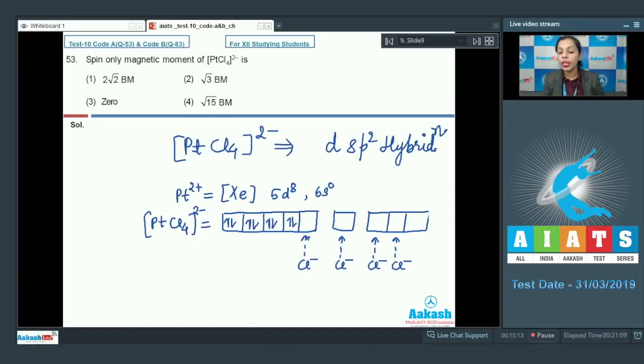Now, in this case, all the electrons are paired in case of platinum. It means all paired electrons result in no unpaired electron. And if no unpaired electron is there, it means there is no spin only magnetic moment because it depends on the number of unpaired electrons. And that's why we can easily choose the correct answer. That's option 3, which says that spin only magnetic moment for this complex is 0.